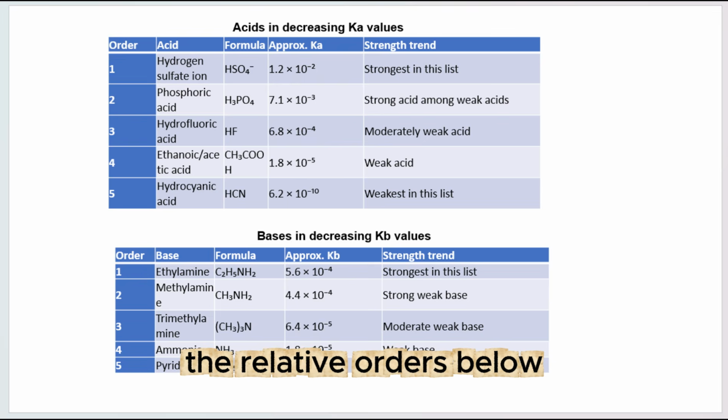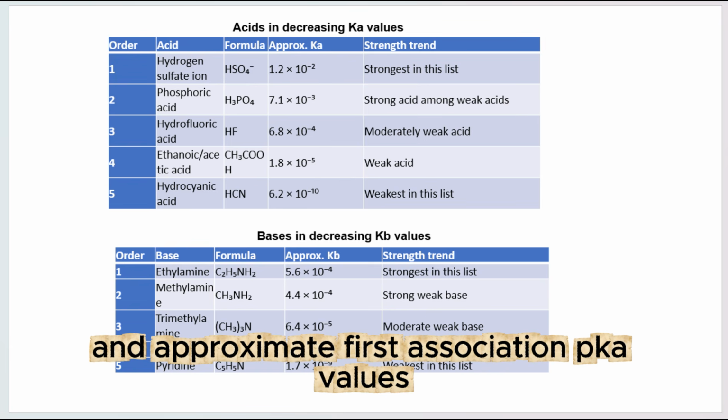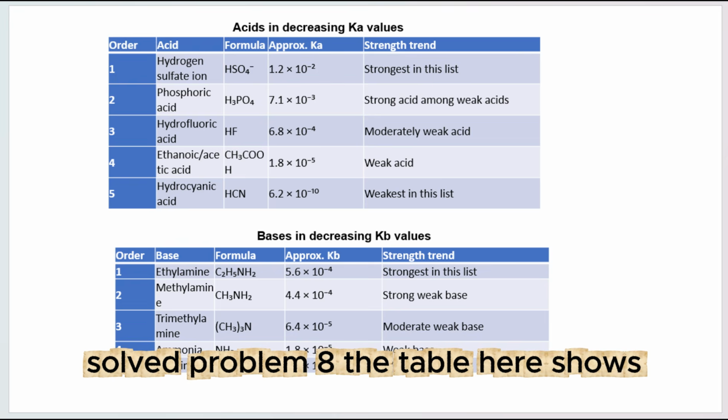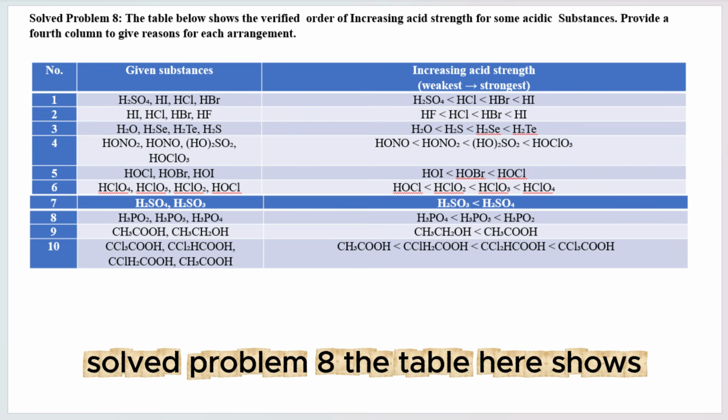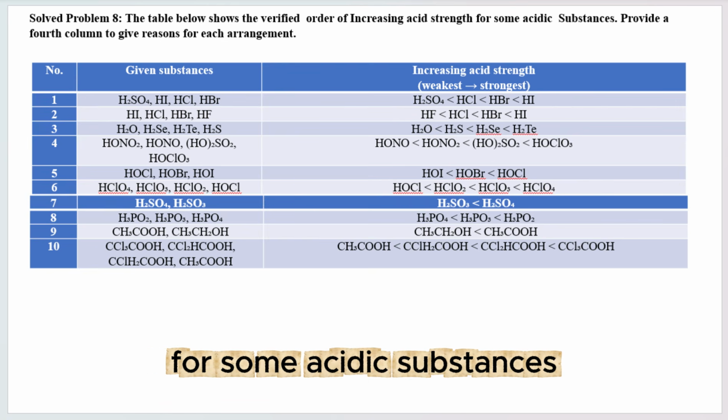The relative orders below are based on general acid strength trends and approximate first dissociation pKa values where useful. Solved problem 8. The table here shows the verified order of increasing acid strength for some acidic substances.